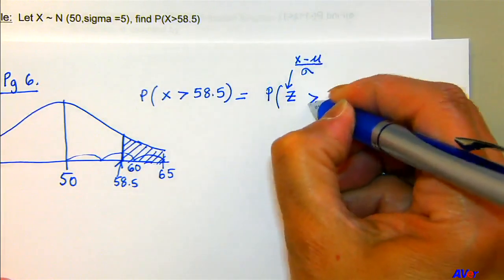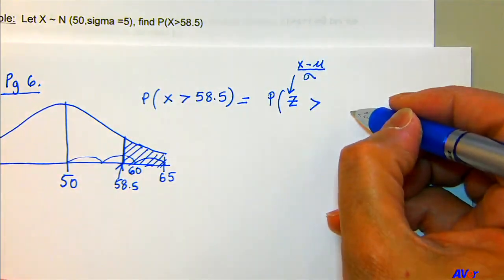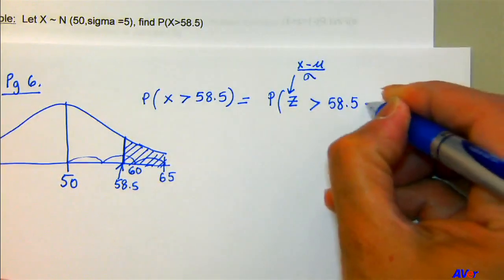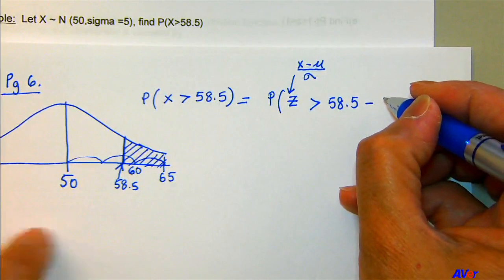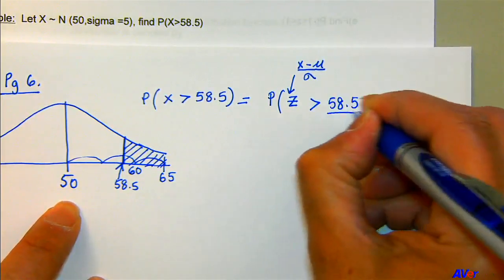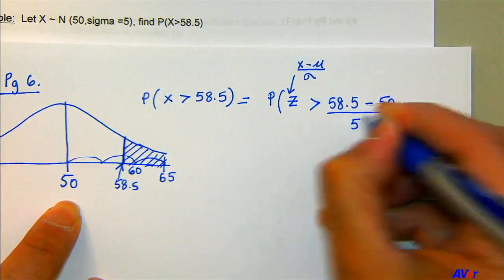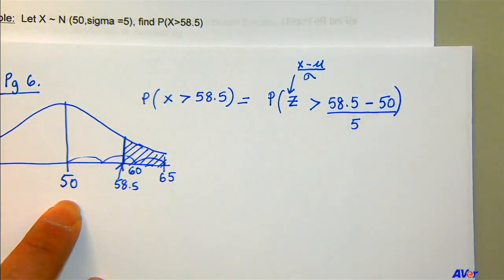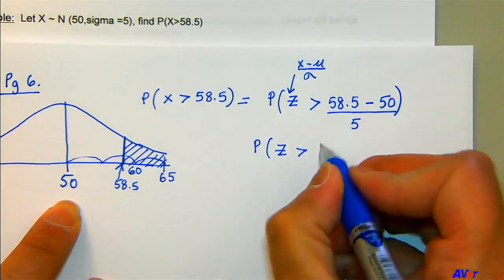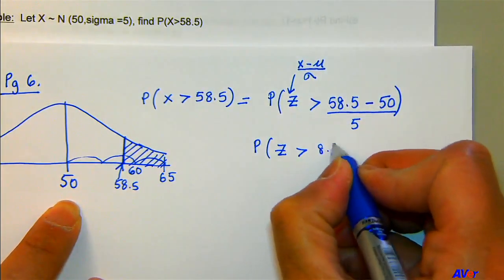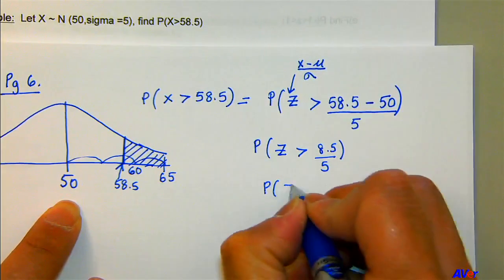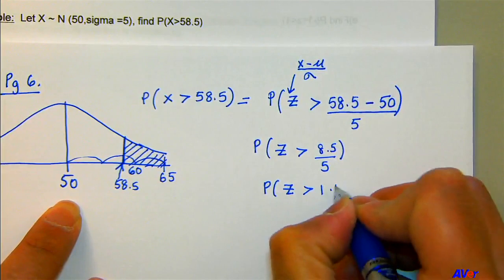So I'm going to plug in my x minus mu over sigma. So 58.5 minus the mean. The mean is 50 and the sigma is 5. Agree? So this is probability z greater than 8.5 over 5, which is 1.7. Probability z greater than 1.7.